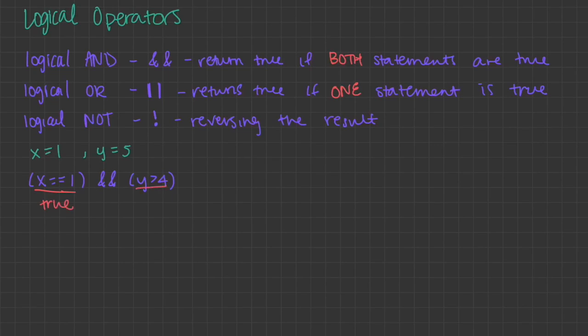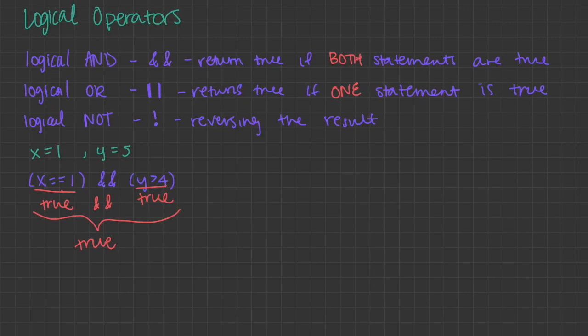Y is equal to 5, so that one is also true. Now we're going to look at our logical operator. True and true. We just learned that AND returns true if both statements are true, so this whole expression returns true.